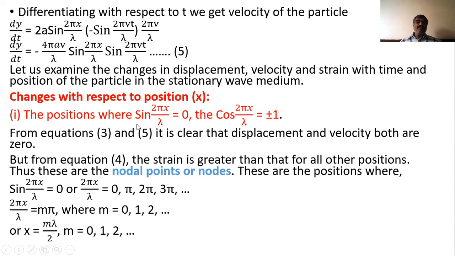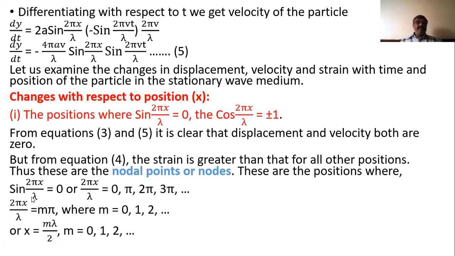Now, how will you find these positions? Since sine 2 pi x by lambda is equal to 0, that means what about 2 pi x by lambda? Sine theta is 0 when theta is equal to 0 or pi or 2 pi or 3 pi, 4 pi, 5 pi, etc. That means theta is equal to m pi, where m is an integer taking values 0, 1, 2, 3, and so on.